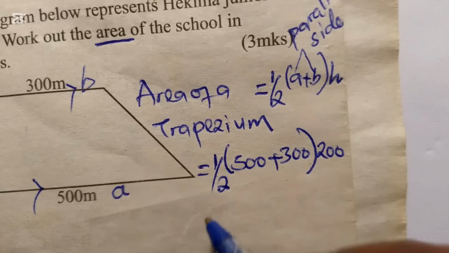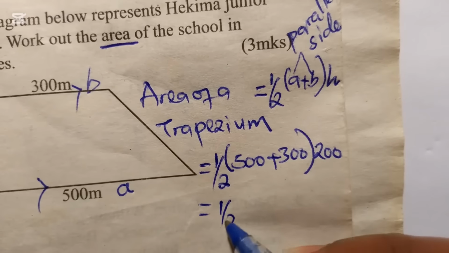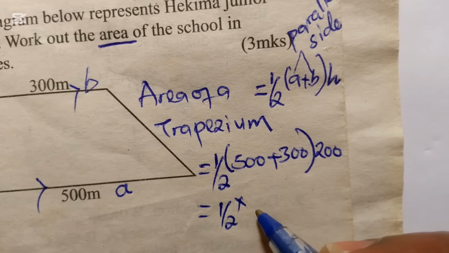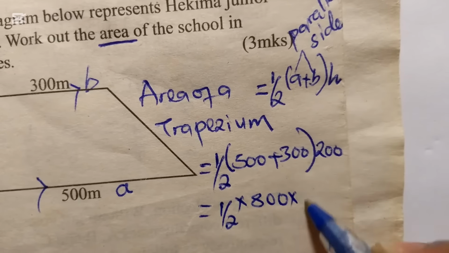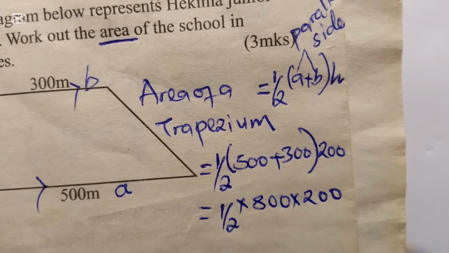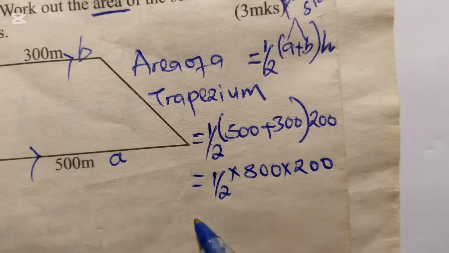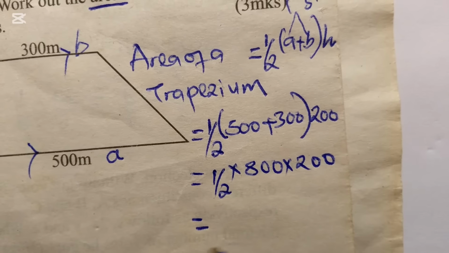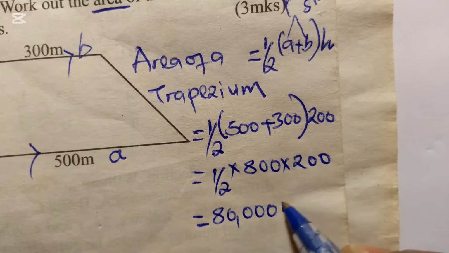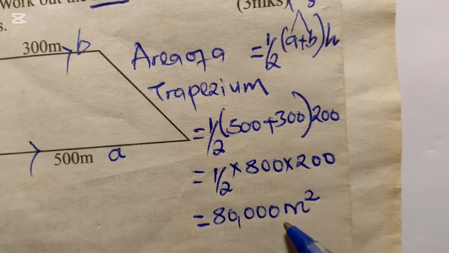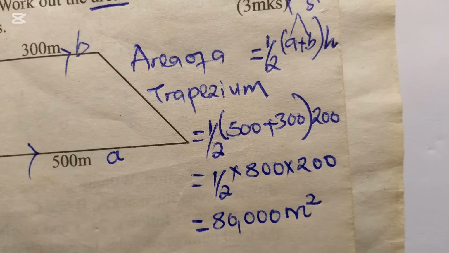So this would be a half times 500 plus 300, which is 800, then times 200. And this is supposed to give us 80,000 square meters. Remember, we are looking for area.